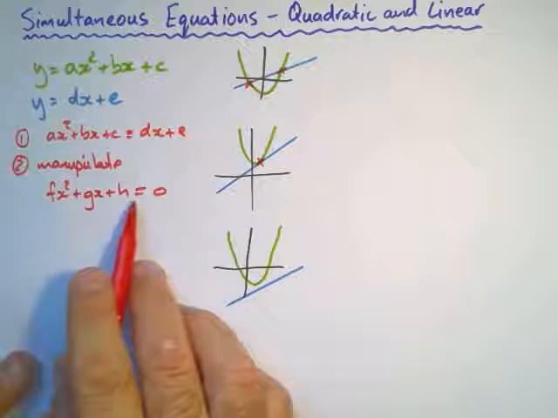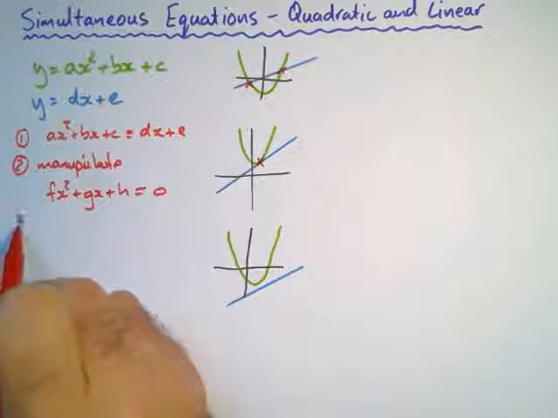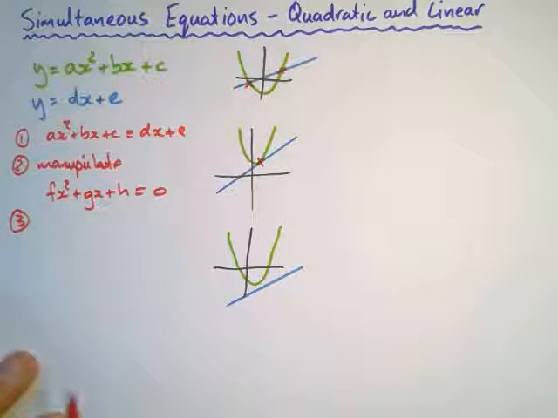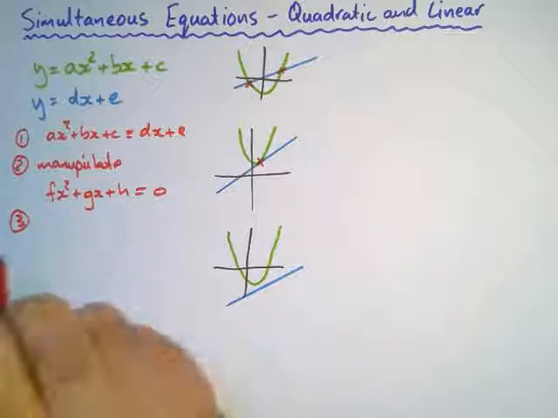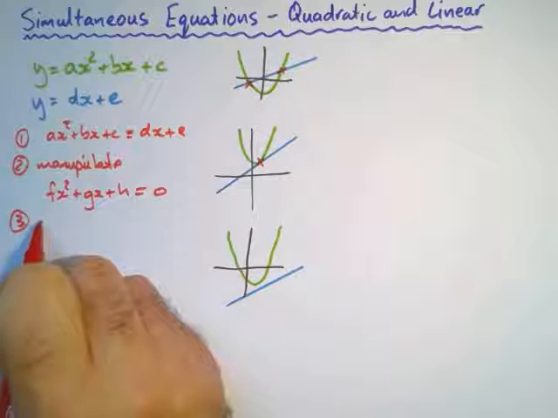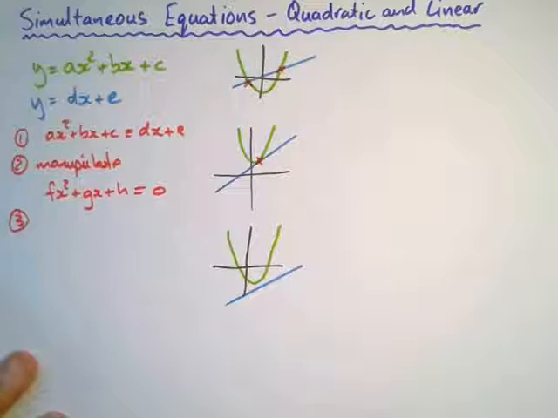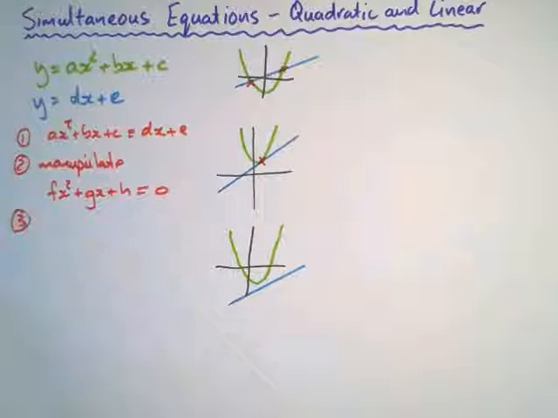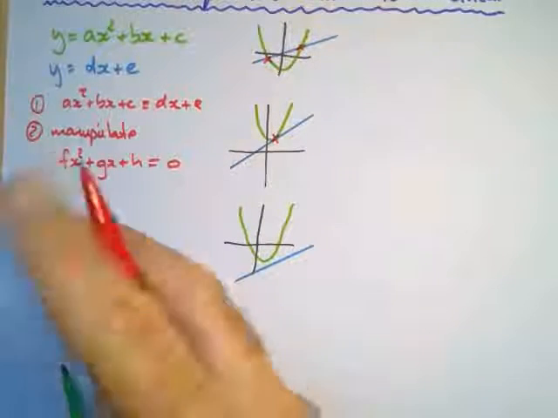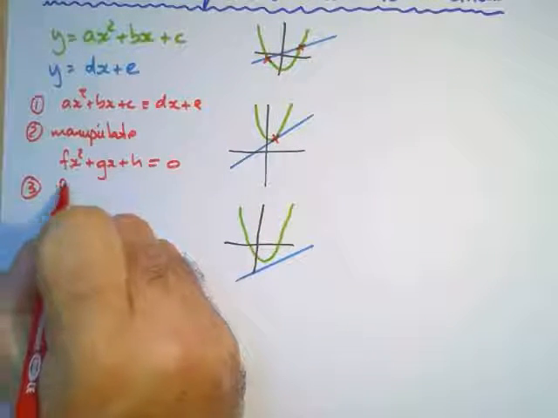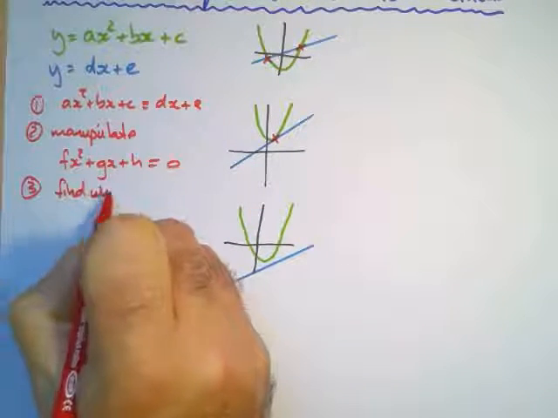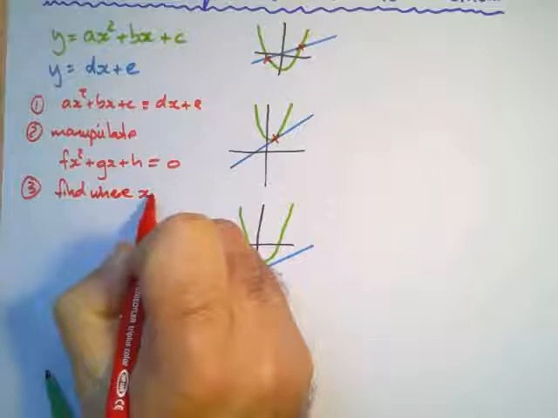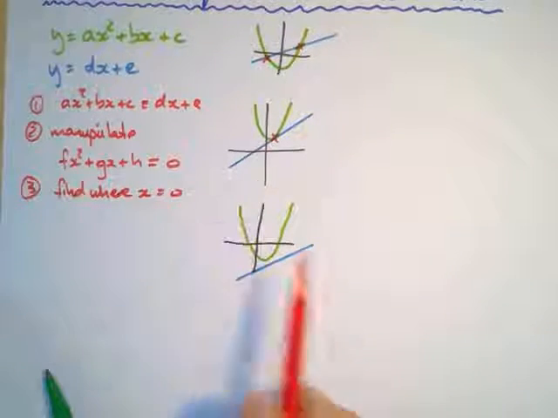So I've got a new quadratic equation. My third step will be to find where x equals 0. There are one of three things that I can do to do this. So find where x equals 0.